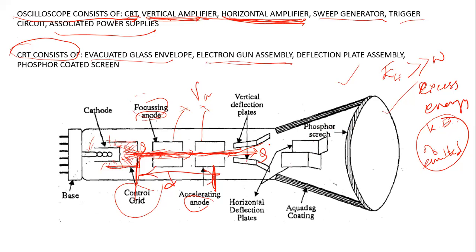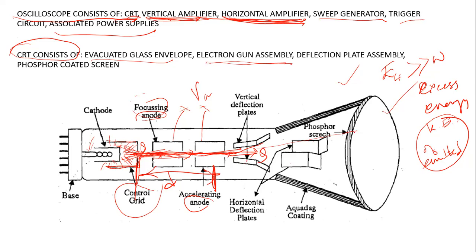So after passing through the vertical deflection and the horizontal deflection plates, depending on the signal which is supplied to these plates, those cathode rays, the high energy electrons, will strike the screen of your CRO. And this screen consists of a certain phosphor material.